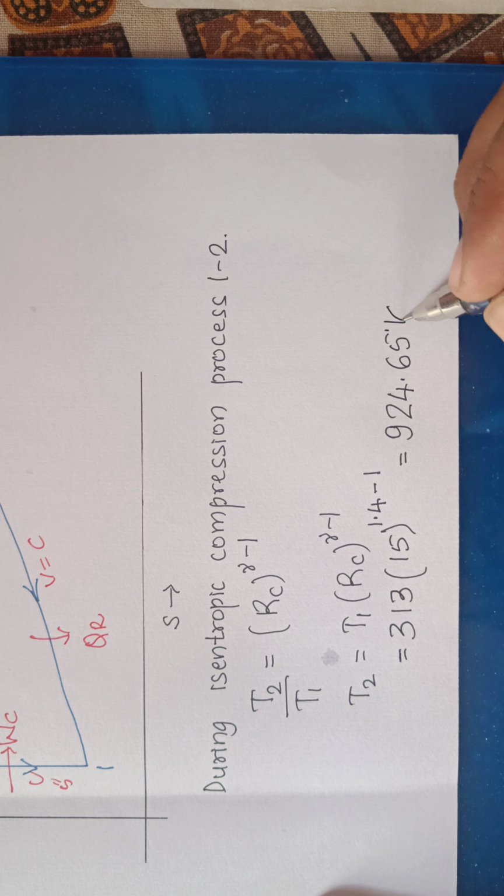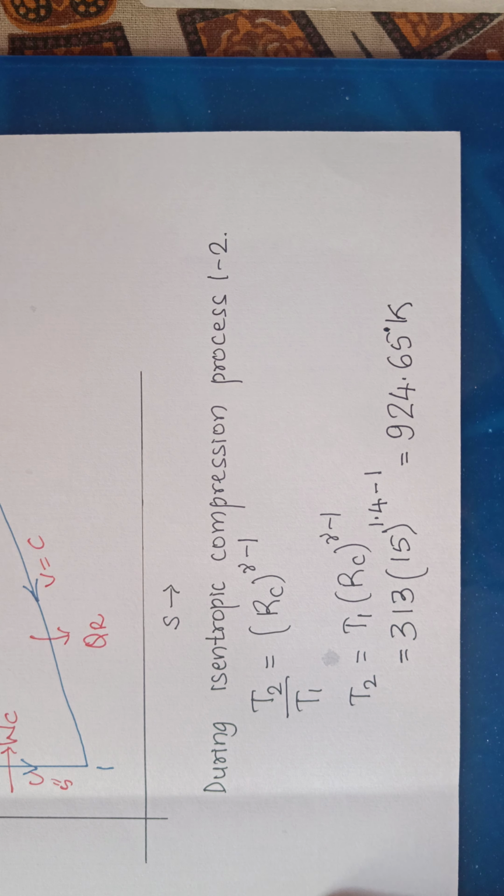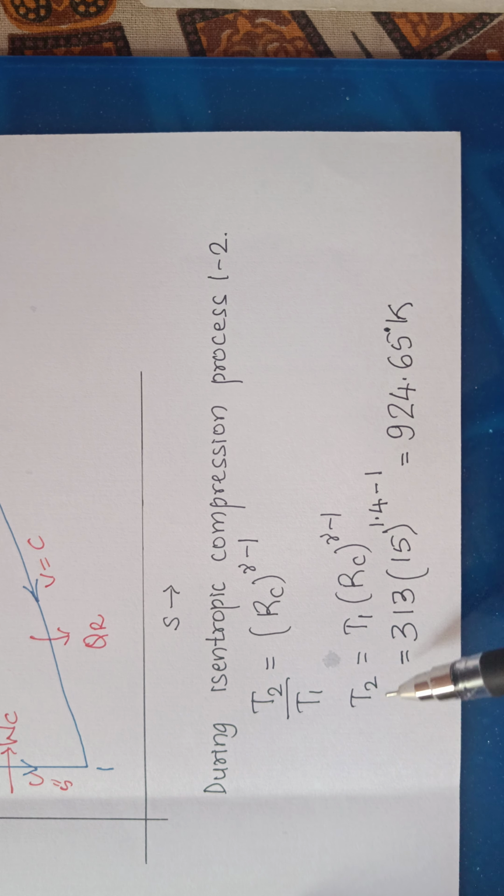T2 will be equal to T1 into rc to the power gamma minus 1. Let us substitute the values. T1 is 313 Kelvin, rc is 15, and gamma is 1.4, minus 1. We get the temperature T2 equal to 924.65 Kelvin. This is the value of T2. So T2 equals T1 into rc to the power gamma minus 1.